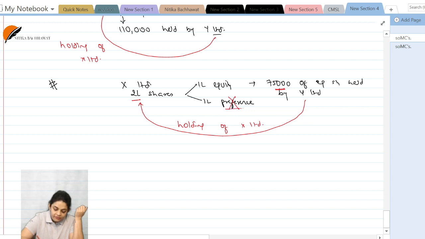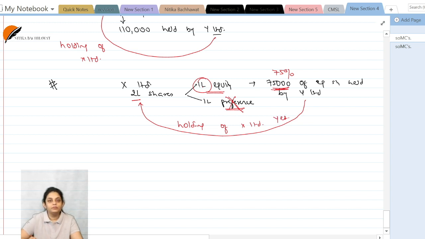So, since preference shares do not give you any voting power, we don't consider them. So, what do we consider? We consider the equity. And in this equity, you are holding how much? 75,000. Considering this 1 lakh, you are holding 75%. So, are you the holding?